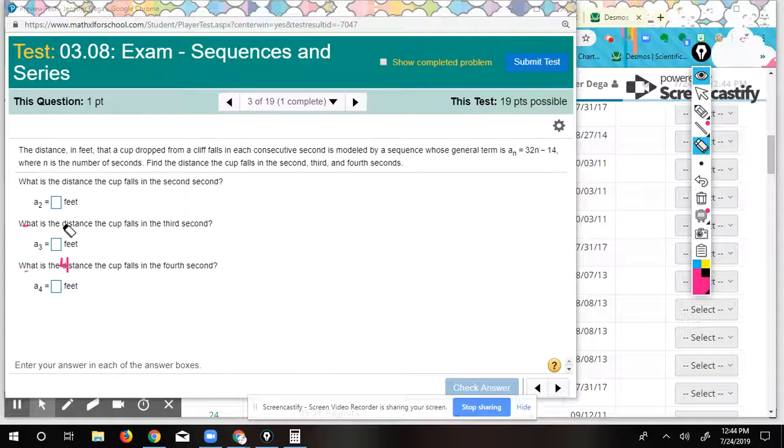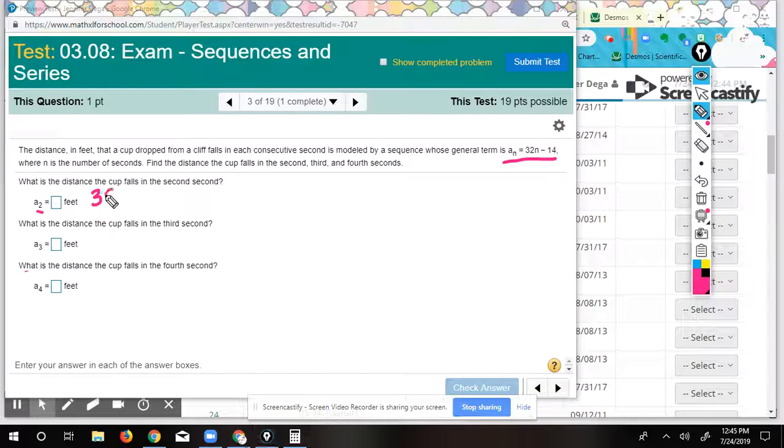Okay, so here, the distance in feet that a cup dropped from a cliff falls in each consecutive second is modeled by a sequence whose nth term is this, where n is the number of seconds. Find the distance the cup falls in the second, third, and fourth. So same deal. We're just plugging in 2 into that sequence.